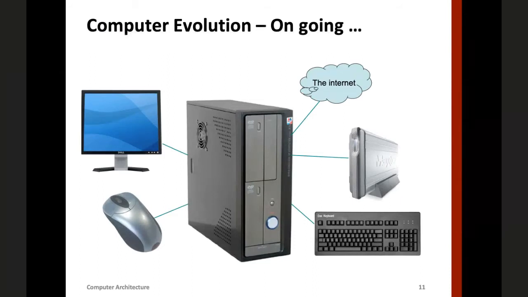The capability of the DEC-20 is less than that of an ordinary handset or mobile phone that you will get today in the market for 4,000 rupees. So technology has evolved so much in the last 40 years.